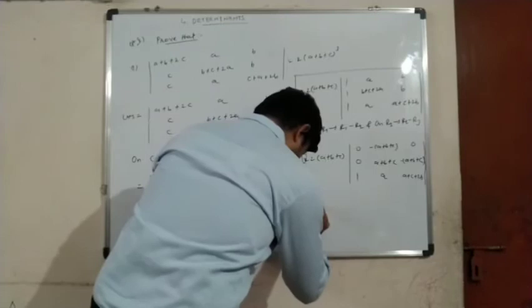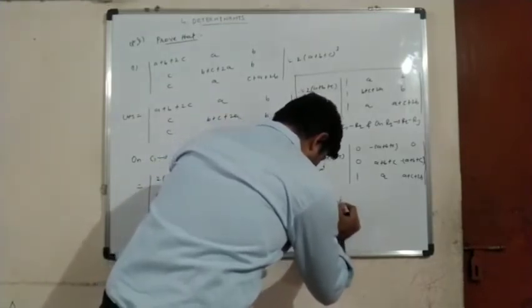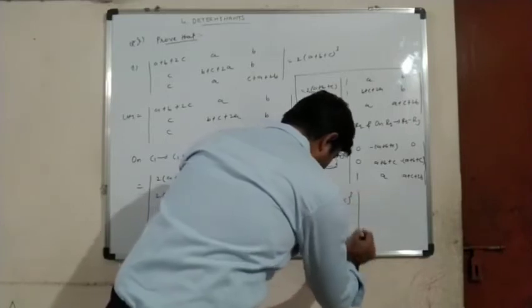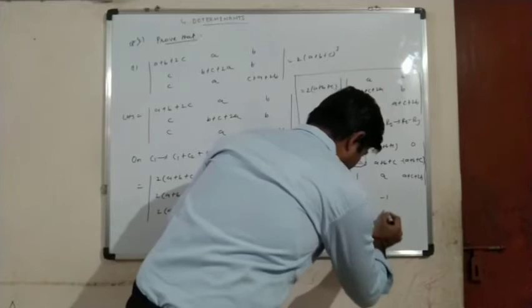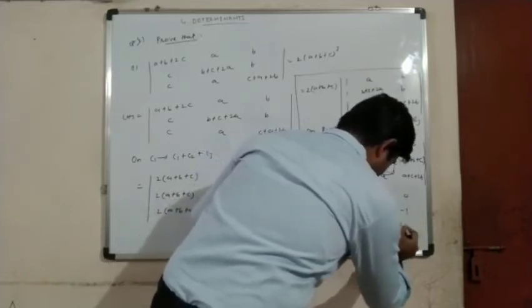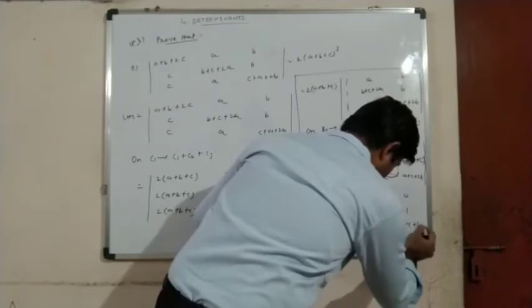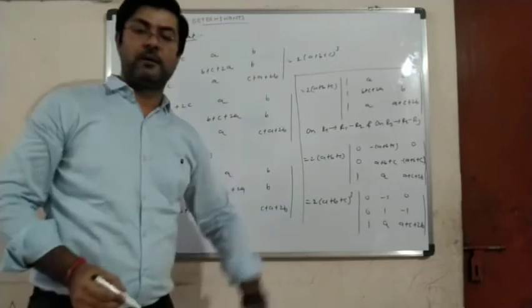So let us write down now the next step, 2 into a plus b plus c the whole cube. Now what is left? That is 0 0 1, minus 1 1 a, 0 minus 1 and a plus c plus 2b. Okay, now let us expand this along the first column.